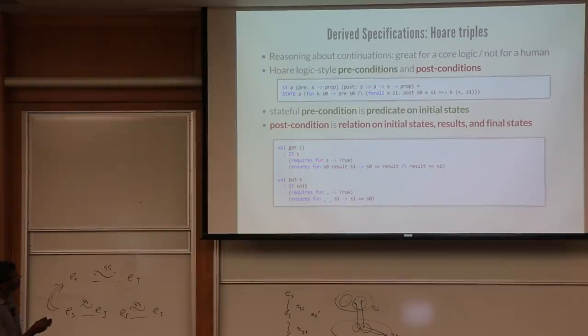It requires nothing; the precondition on the initial state is trivial, so you can always call it. It returns an S called result, related to the initial state and the final state by this formula: S0 equals result, and result equals S1. The state didn't change, and it returned the current state. Okay? And put is the converse. It takes a state, you can always call it, it throws away the initial state, and sets the final state S1 to, oh, that should be S, sorry, not S0.